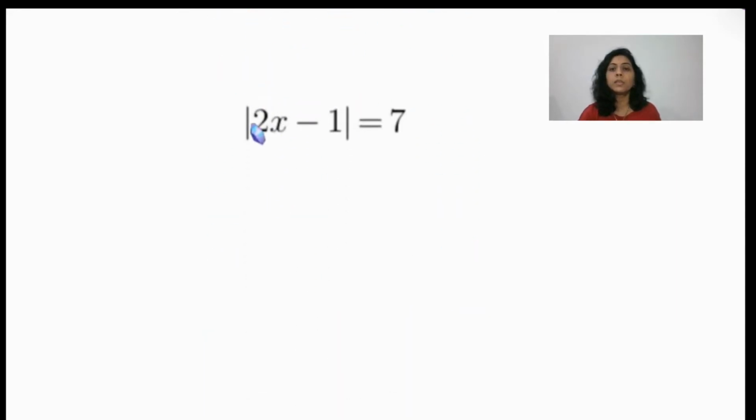This one here has 2x minus 1 in the absolute value. It means the absolute value is this whole part. So it can be positive 7 or negative 7. Now we got two linear equations and we can easily solve for x.